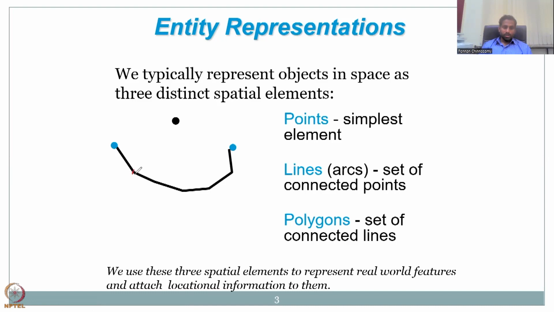These are called vertexes in your line, and these hold the location, shape, and size of the line. So the line is anchored on the points, and then the length and the shape are determined.